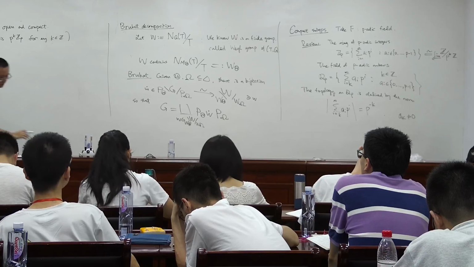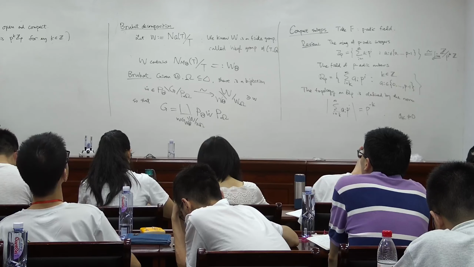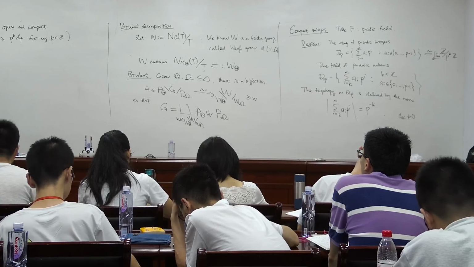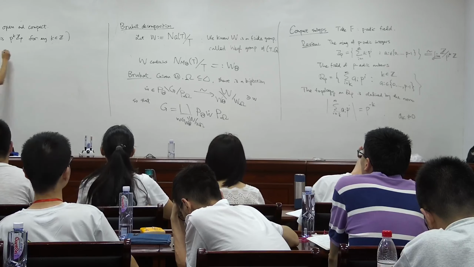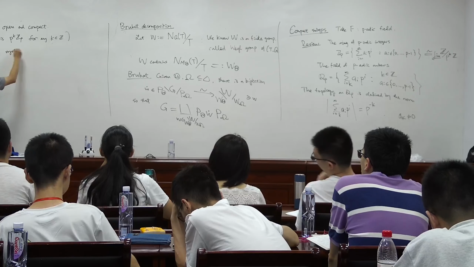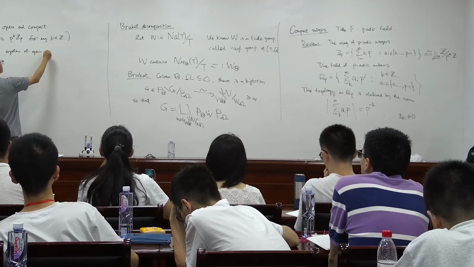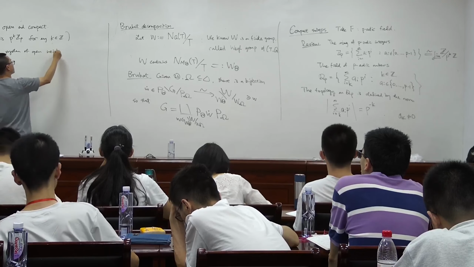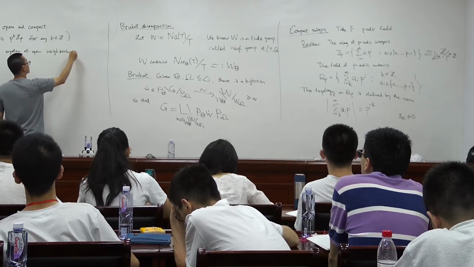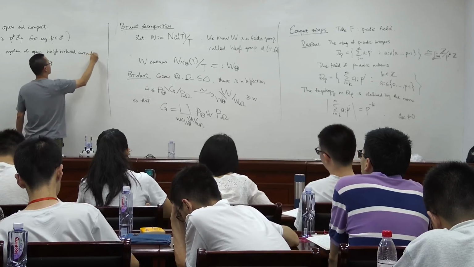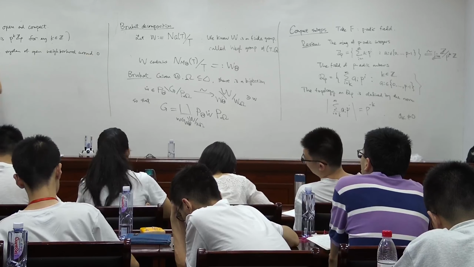These are also open and compact. That means Q_p has a system of open neighborhoods around 0 given by these ideals.